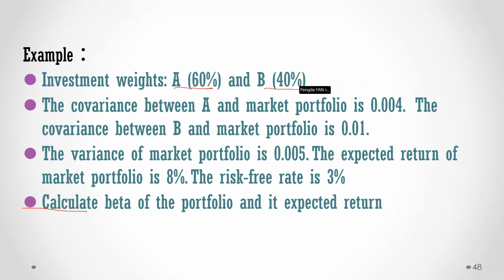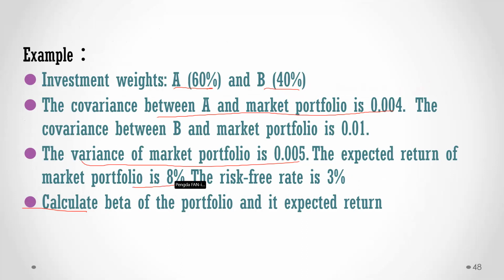The covariance between A and the market portfolio is 0.004. The covariance between B and the market portfolio is 0.01. The variance of the market portfolio is 0.005, and the expected return of the market portfolio is 8%.